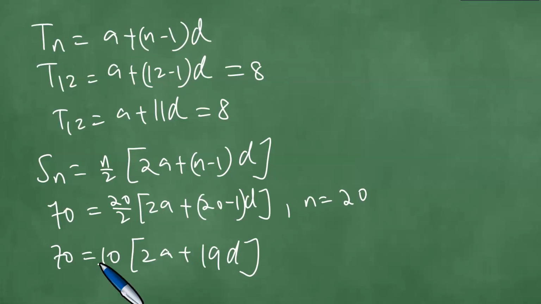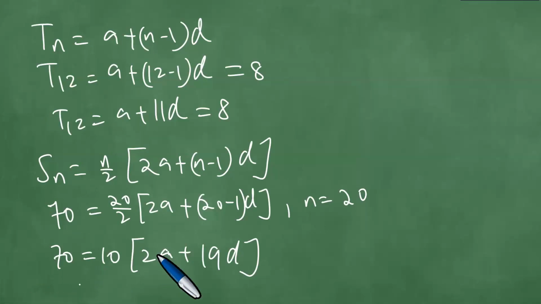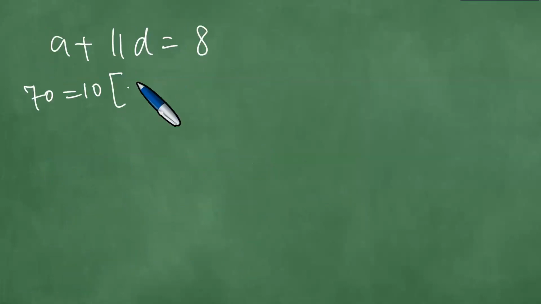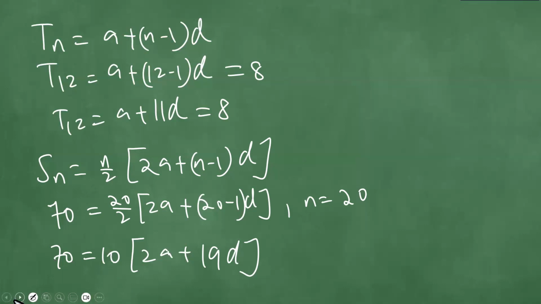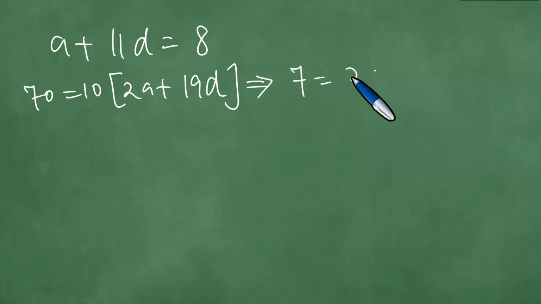But we also have this one, which is 70 equals 10 into 2a plus 19d. Divide by 10.